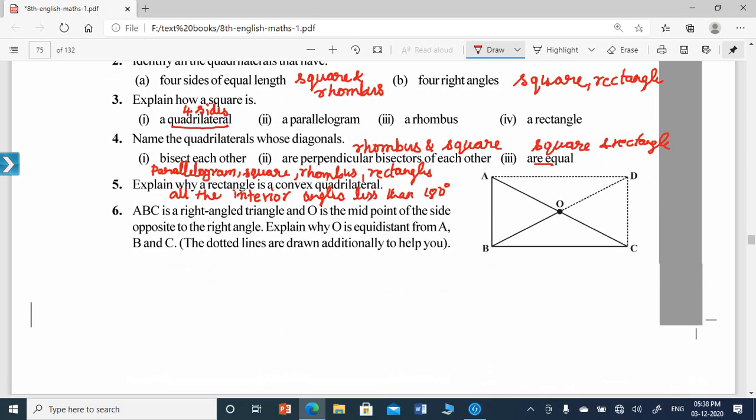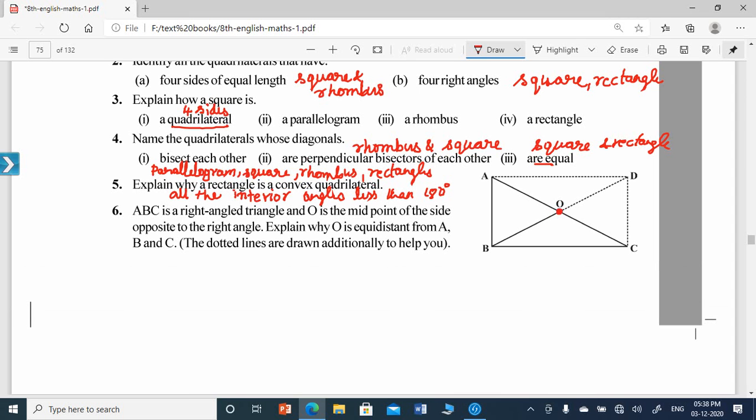Now look at sixth one. ABC is a right angled triangle and O is the midpoint of the side opposite to the right angle.